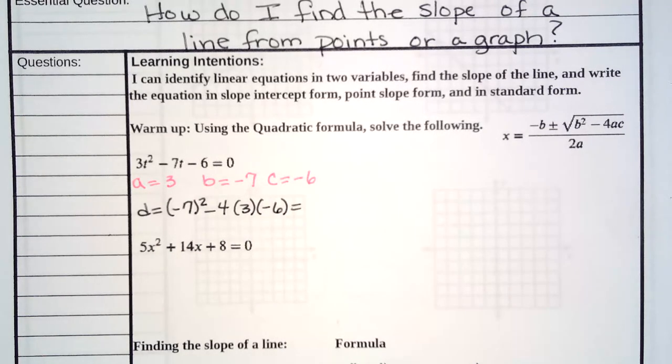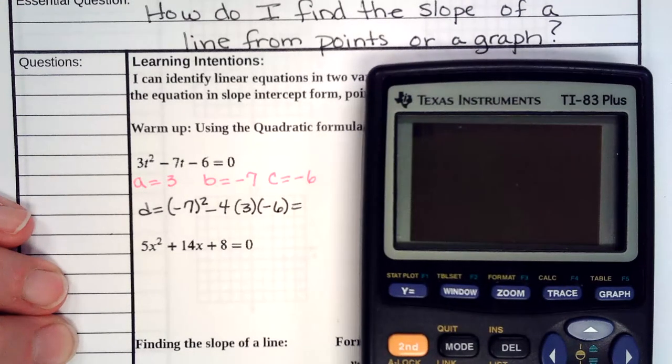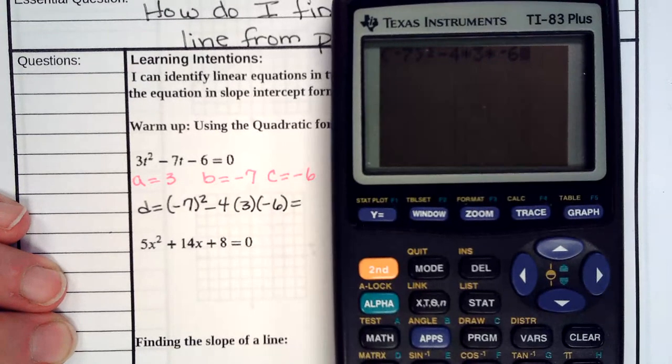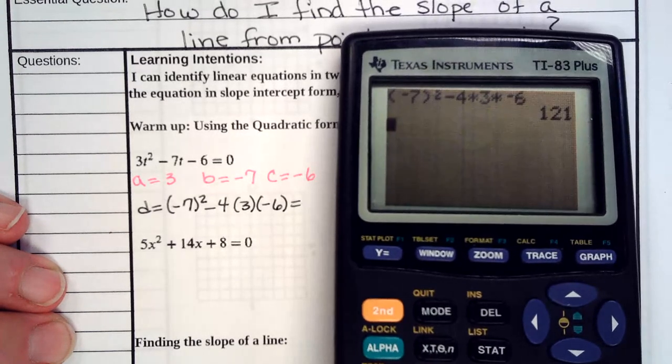Use a calculator. Make sure you use the negative symbol, not the minus. Okay, I end up with 121.